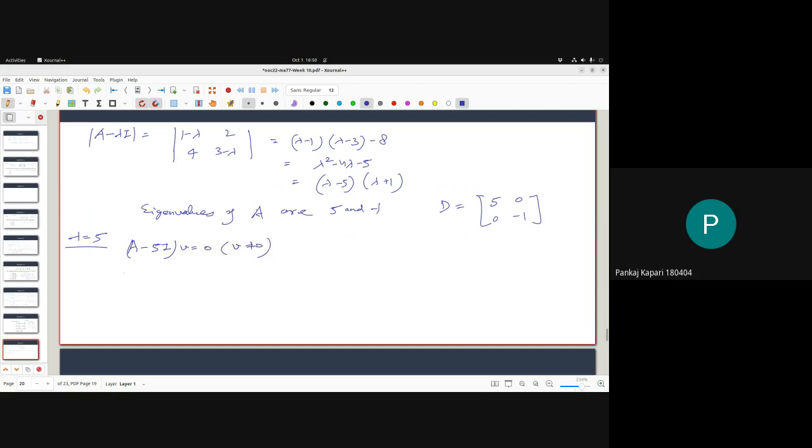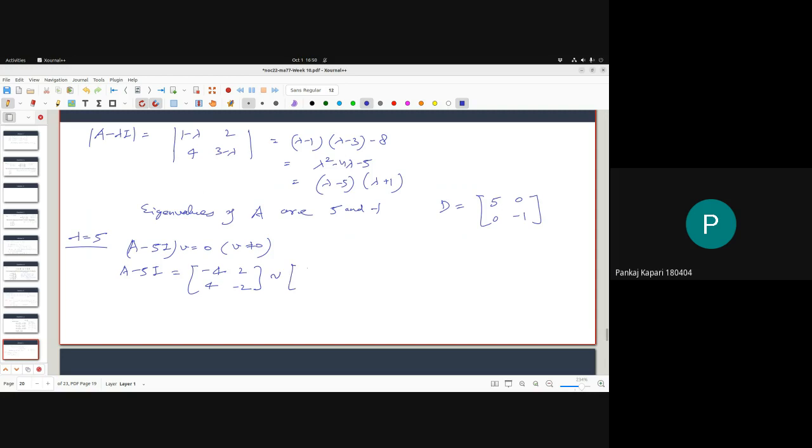So what is A minus 5 times identity? 1 minus 5, which is minus 4. So this is minus 4, 2, 4, and minus 2. Now this matrix is similar to this.